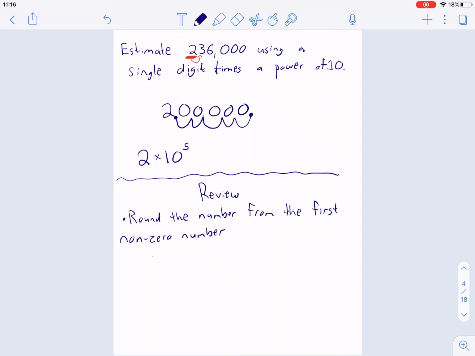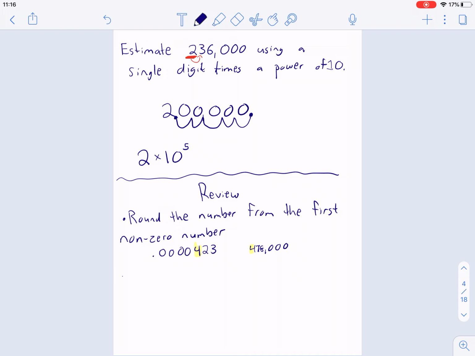So if you have a number like 0.00004, this 4 is my first non-zero number, and then you round based off of what's after it. If I have a number like 478,000, this 4 is still the first non-zero number that I see, so I round based on that 4.